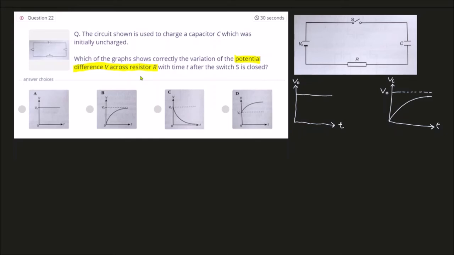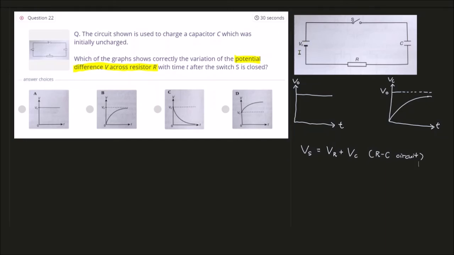What happens now is you have to understand the fact that this supply voltage, which we call Vs, at all times should be equal to Vr plus Vc if it's an RC circuit. This is an RC circuit, meaning that it has only a resistor and a capacitor.